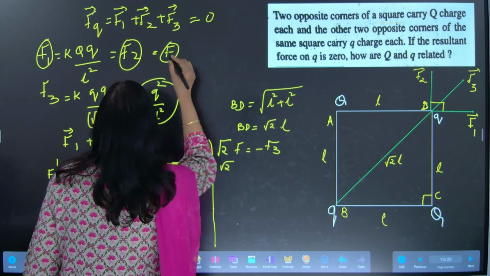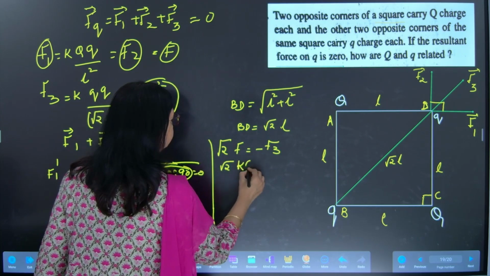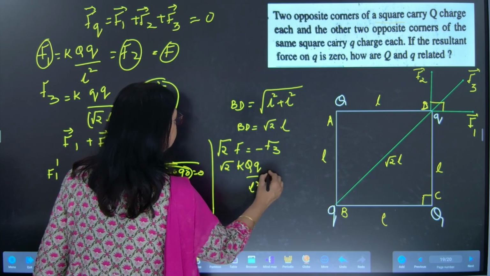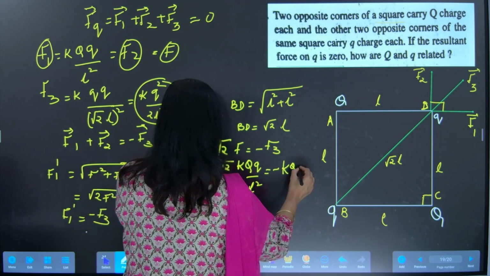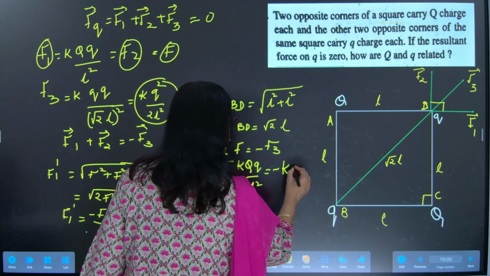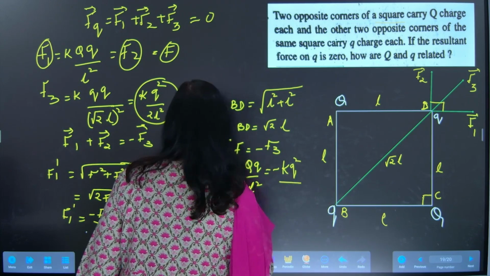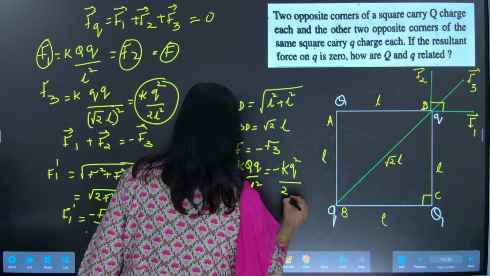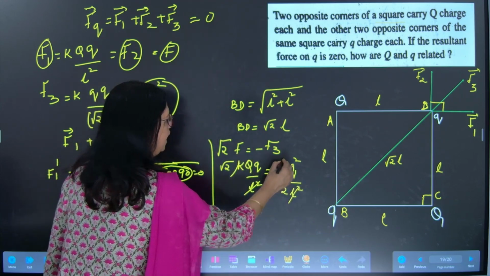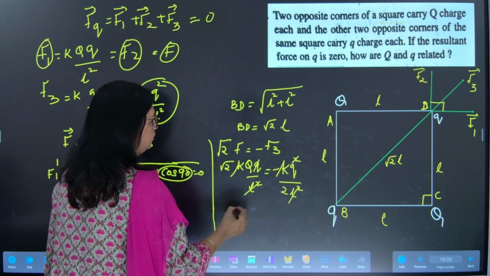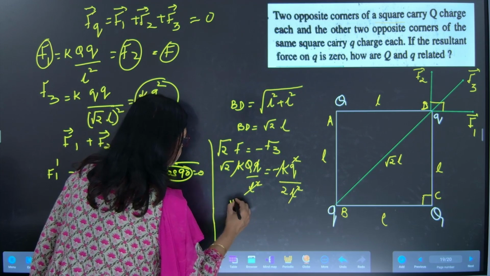What is the value of F? K Q q upon L square is equal to negative K Q square upon 2 L square. Now we cancel L square, K and K, Q and Q, left out with root 2 q.